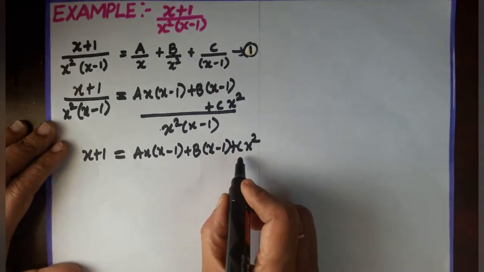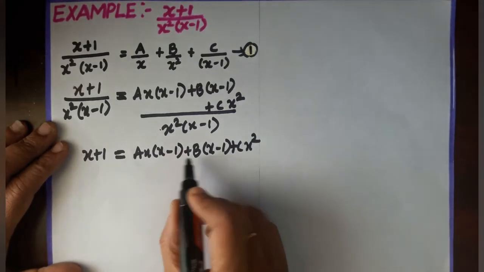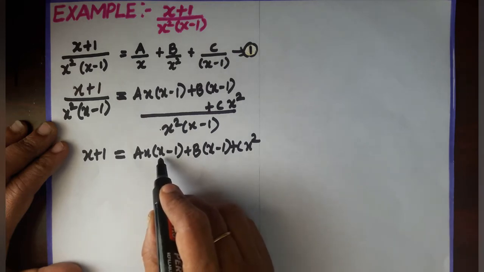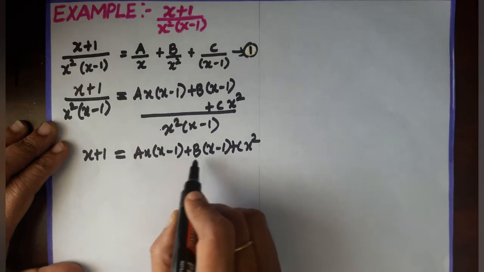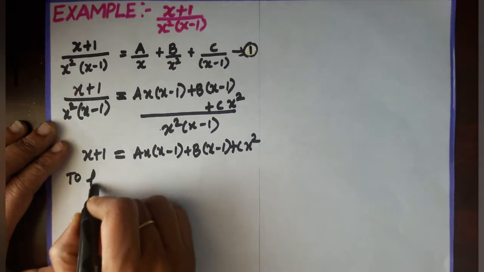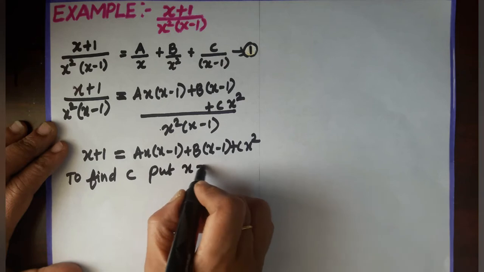First I am going to find c, because the first term and second term have the common factor x minus 1. In the place of x, substitute 1. Then first term and second term will become 0. So, to find c, put x equal to 1.